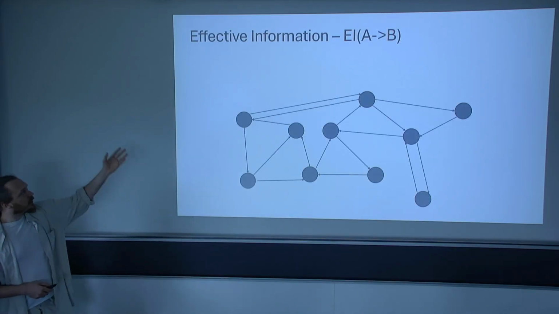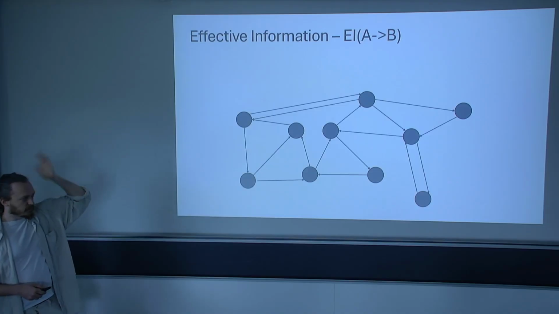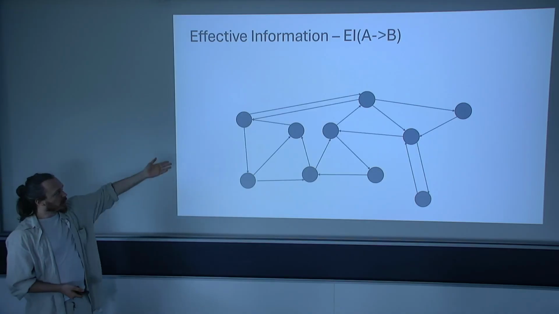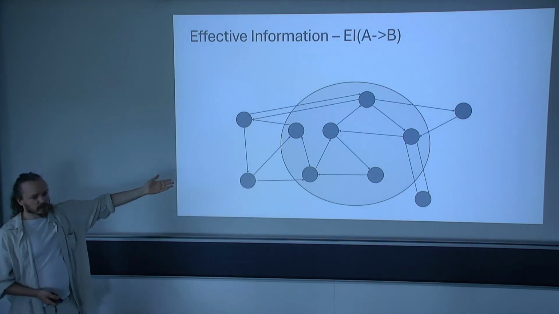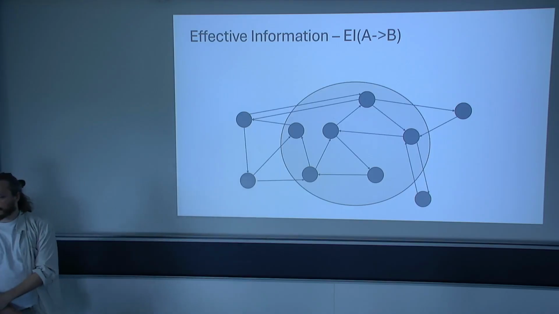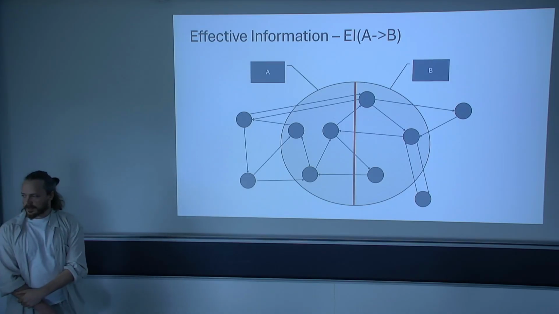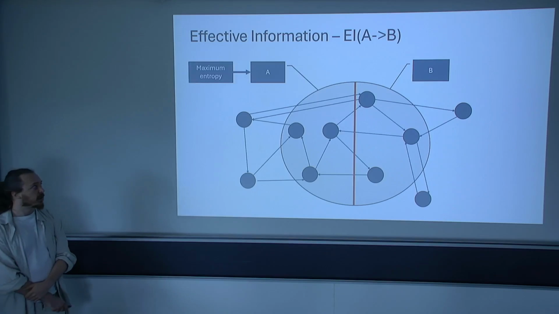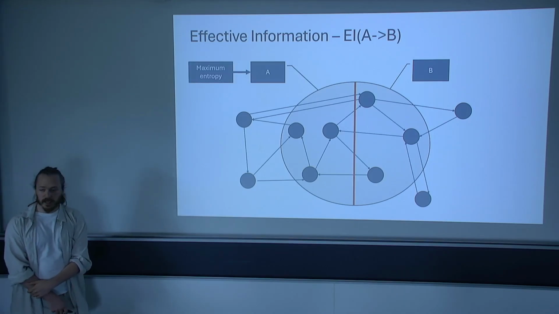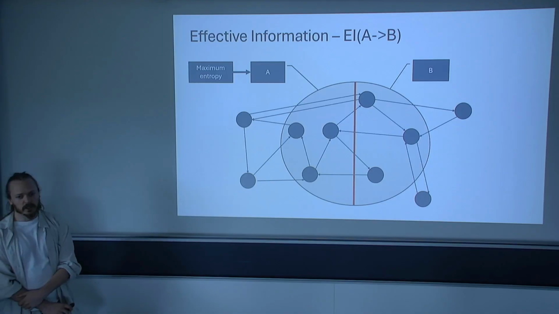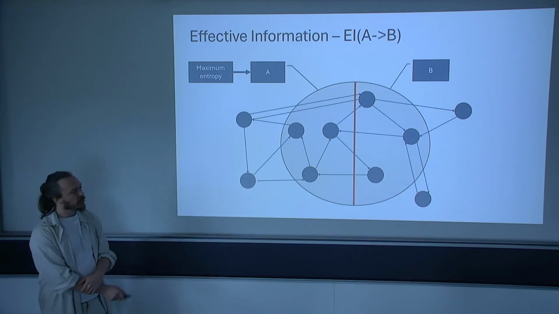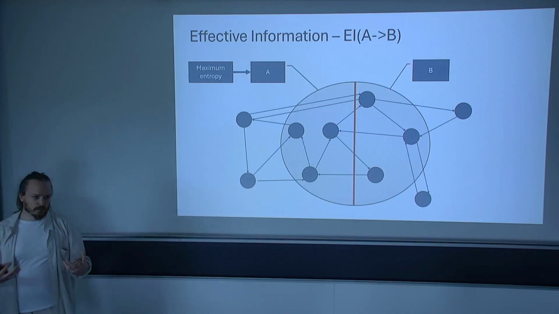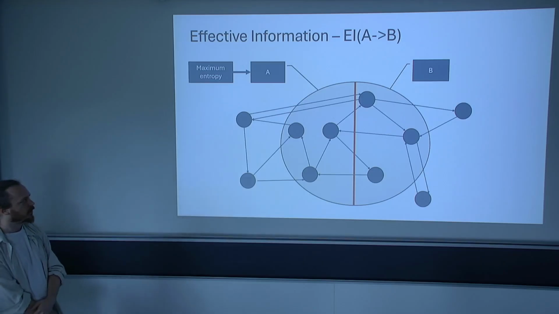One of the bases for this first version of integrated information theory is what you call effective information. Say you have some system, you select a subset of the system, divided in two partitions, A and B. To compute the effective information from A to B, you give maximal entropy to A, and then you compute the mutual information between the maximally entropic A and B. The idea is that you're getting the causal information between the two.